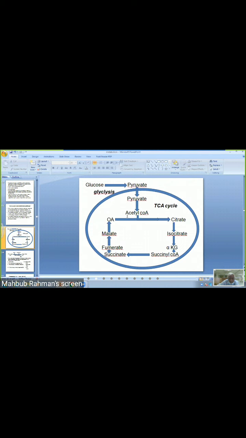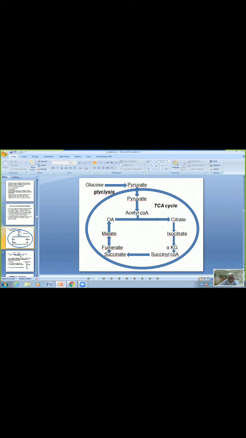Oxaloacetate and acetyl-CoA condense together to form citrate. Oxaloacetate is a 4-carbon compound, acetyl-CoA is a two-carbon compound, and together they condense to form citrate, which is a six-carbon compound.